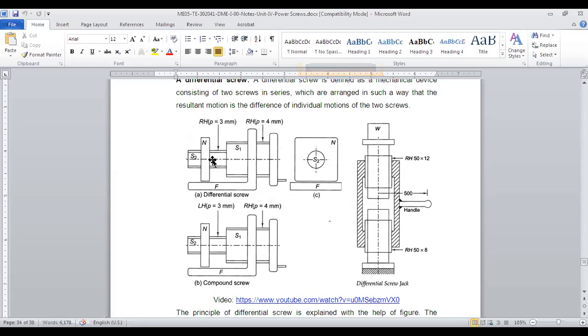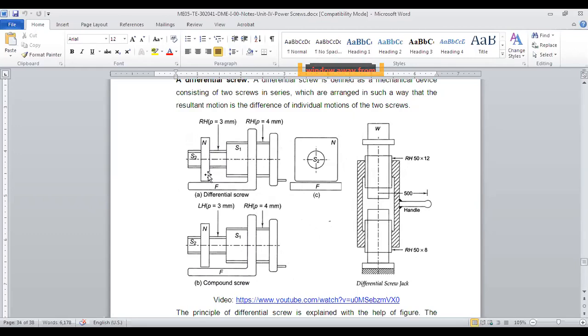Now since S2 is attached to S1, it will also move ahead by 4 mm and also rotate by one rotation, right? But the pitch of S2 is 3 mm and N1 can slide on S2, but N1 cannot rotate.